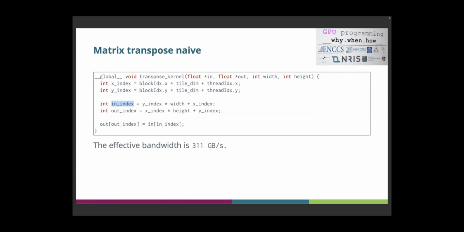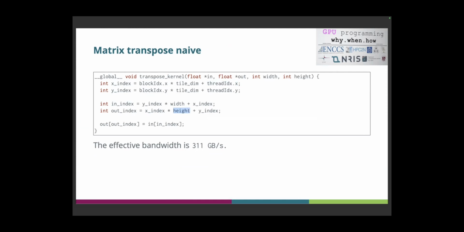But now, if you look at the out index and look at the formula, how it's computed here, x index is multiplied by the height. So if we change the thread idx and add 1, we see that the out index jumps by height.